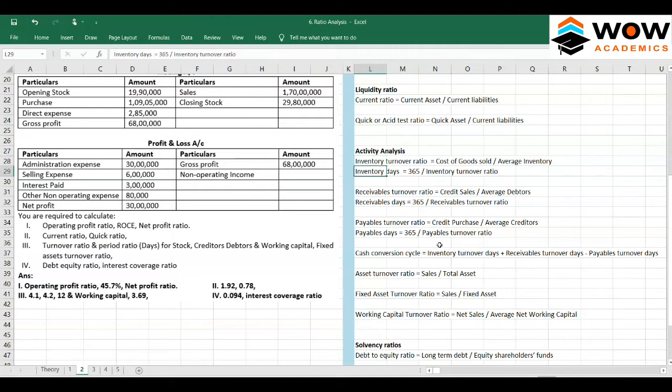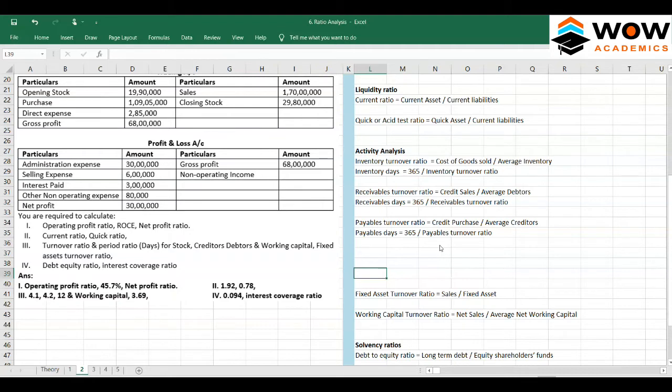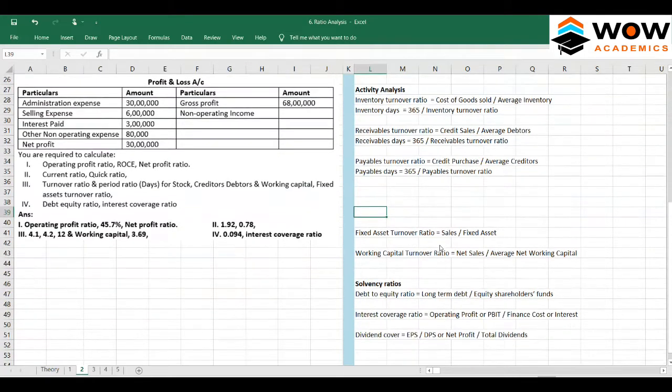Here all the inventory, receivable, payables are there. Conversion is not there. Then working capital and the fixed asset turnover ratio they are asking, and finally debt equity ratio and interest coverage ratio. So these are the ratios they are asking. So we will work out these ratios.